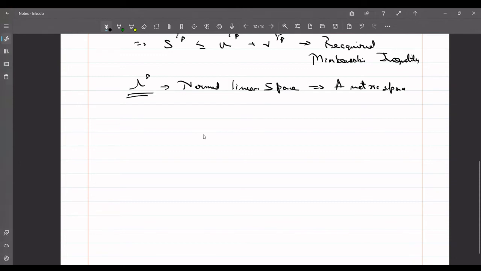In case of LP, the metric must seem like the norm of y minus x, supremum over yi minus xi.